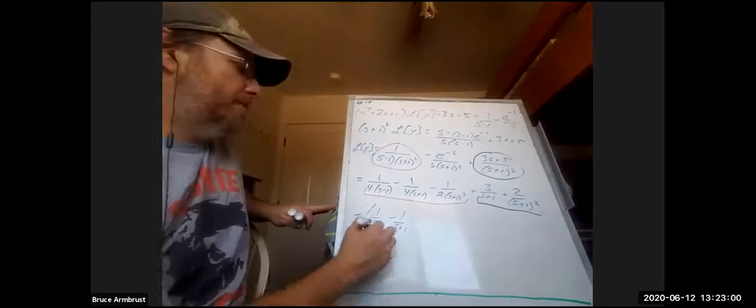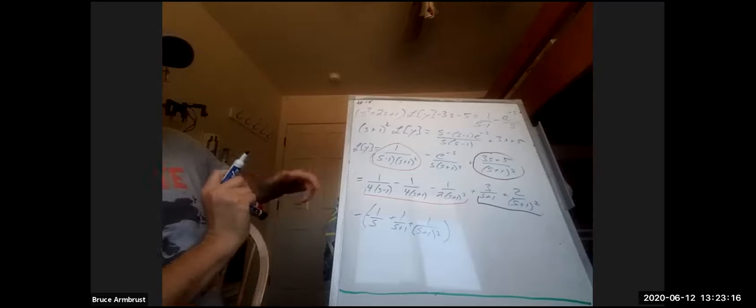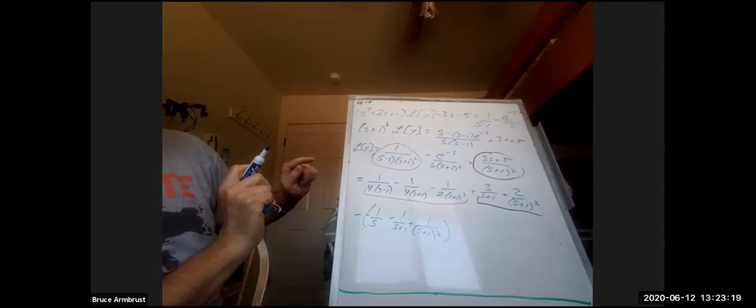Yeah, I already distributed it. Plus 1 over s plus 1, and then 1 over s plus 1 squared. Is the sign on the 1 over s plus 1 squared the same? Both of those, the 1 over s plus 1 and the squared, are both positive. But the 1 over s is negative, so we're still going to be subtracting that. You could switch the one on the outside to positive because I already threw the negative. Okay, yeah. I got you.